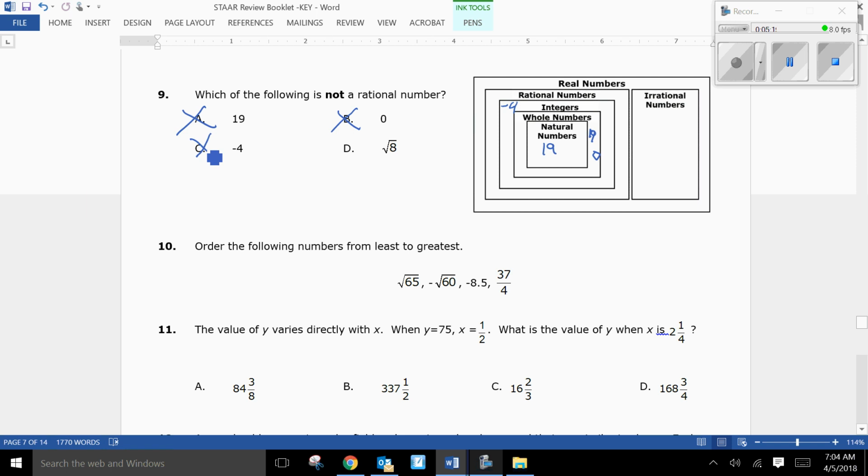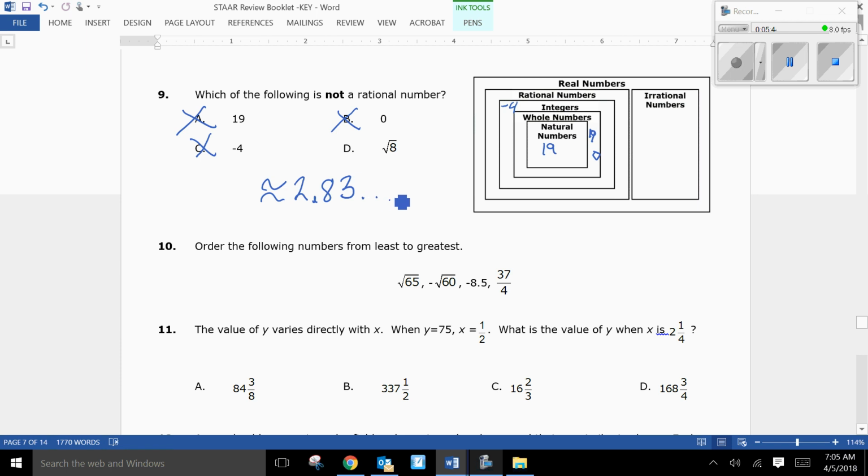Now, square root of 8, I actually would need to type into my calculator. So if I type in square root of 8, I get 2.82843. Actually, it's not repeating, it's an ongoing decimal. So I approximately get 2.83, but it goes on.